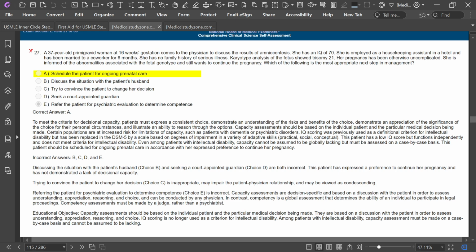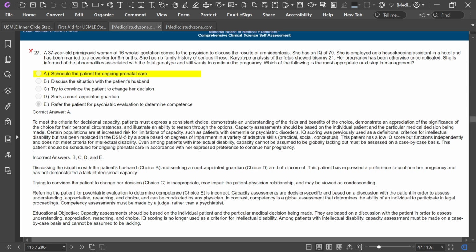Capacity assessment should be based on the individual patient and the particular medical decision being made. Certain populations have an increased risk for limitations of capacity, such as patients with dementia or psychiatric disorder.